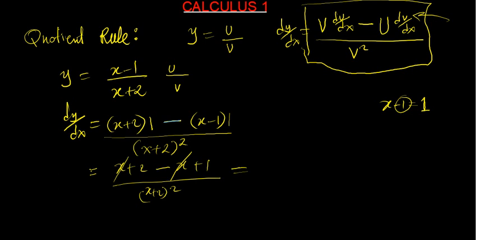So that is going to give us a 2 plus a 1, which will be 3, divided by x plus 2 squared. Okay? Is that okay?